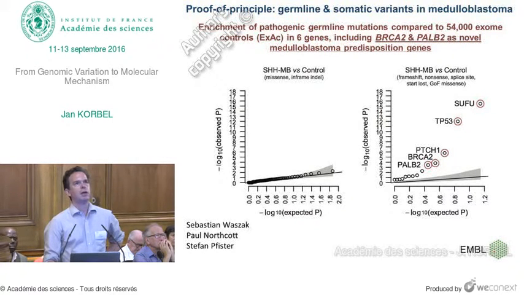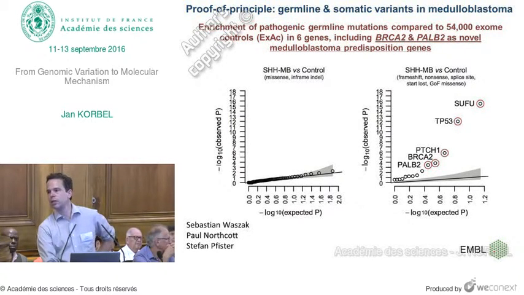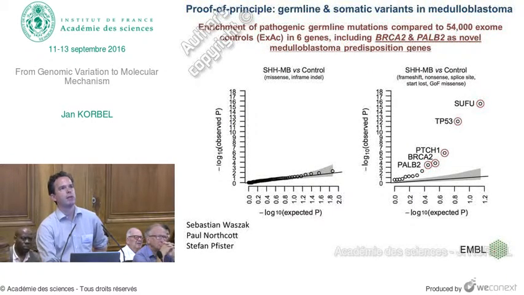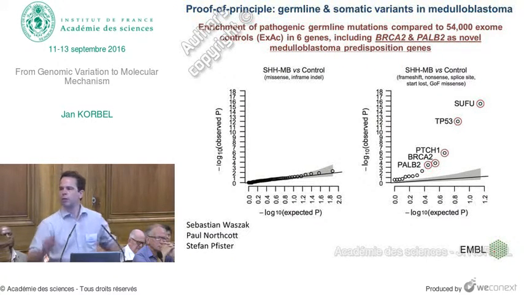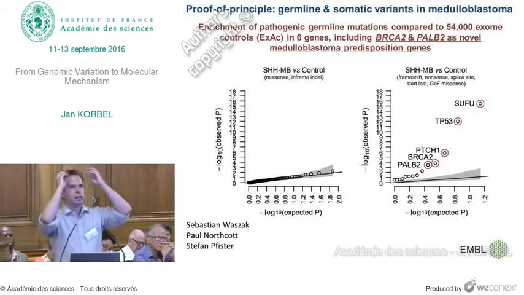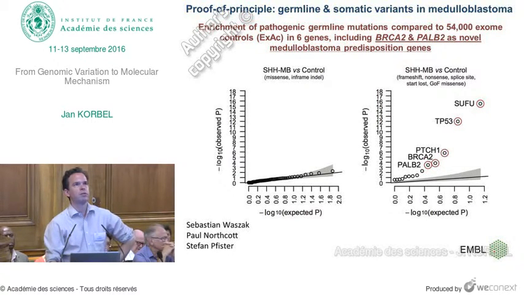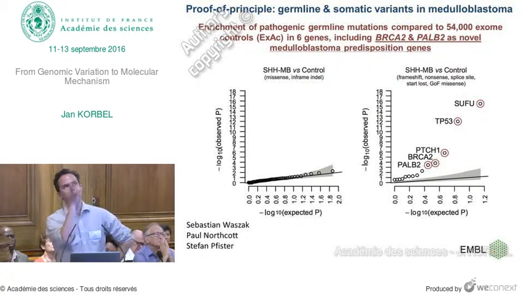By looking at the abundance of carriers with these mutations in 700 medulloblastoma patients, and by comparing this to 54,000 normal individuals from a database of the Broad Institute, we see here a log plot that shows us the expected versus observed p-values. These are the significant observations, which we only observe for mutations that have a high pathogenic consequence, such as leading to a frame shift. But we don't see this for normal rare variants that are not predicted to affect the gene.